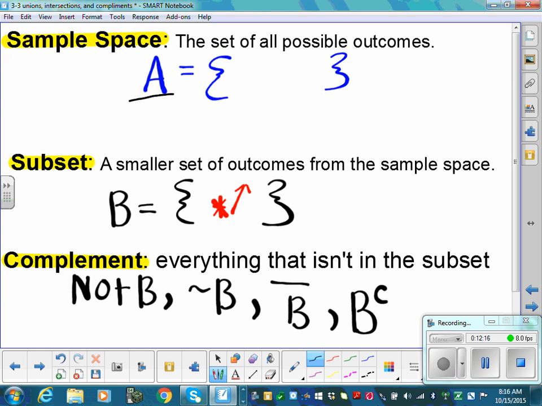These are our outcomes. You'll put your outcomes inside those little brackets. That's what this set is. So once again, sample space is a set of all possible outcomes.